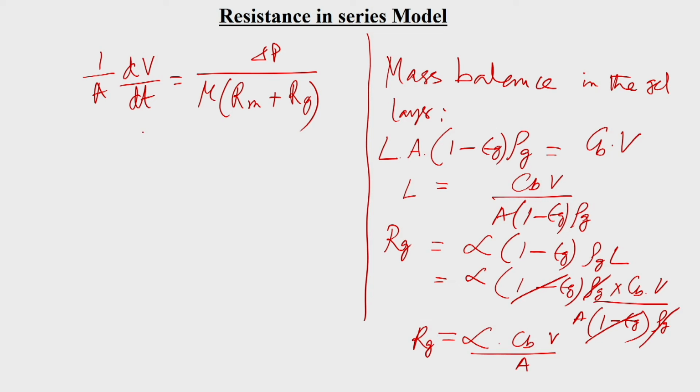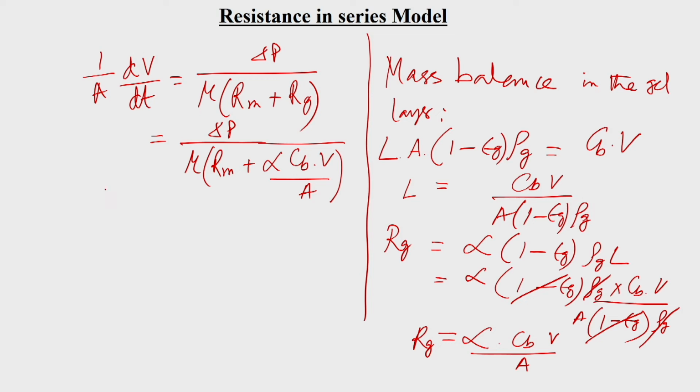So, now we can write 1 by A dV dt is equal to delta P divided by mu into R m plus R g, where R g is alpha into C b into V by A. Okay.